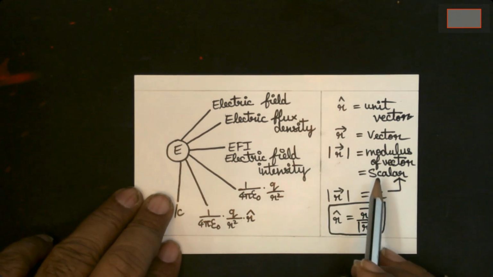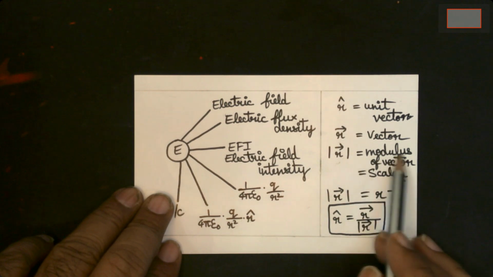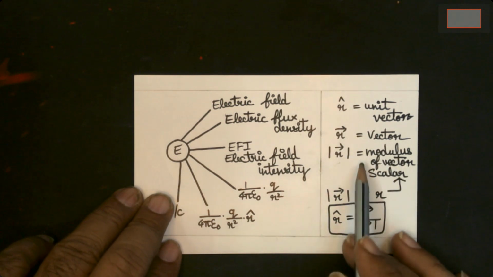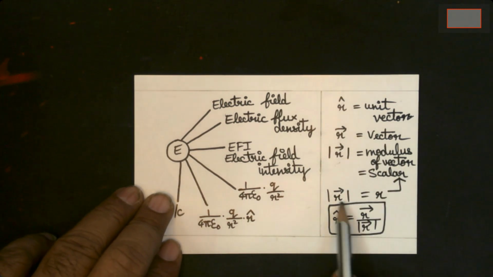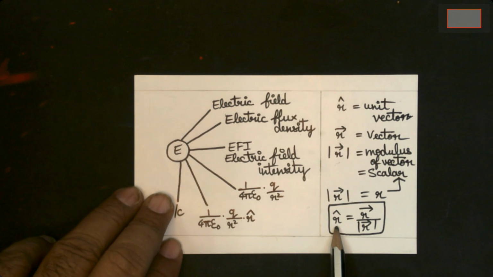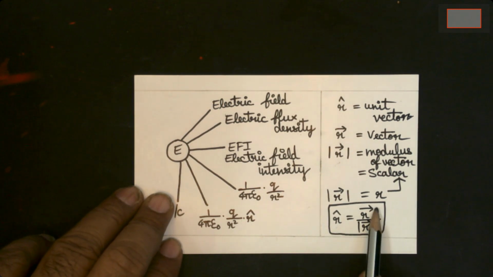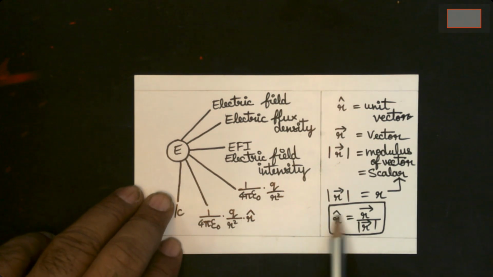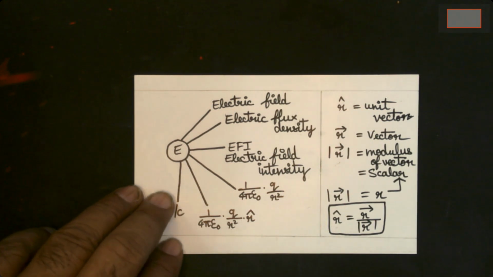No direction is involved here. Therefore, modulus of a vector can be simply represented as a scalar one. You can simply put R also, okay? And you should note down this formula, that is R cap is equal to R vector divided by the modulus of that vector. Okay, so remember this formula, and that is why we have replaced it here.